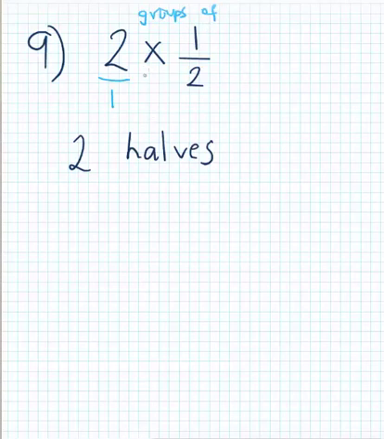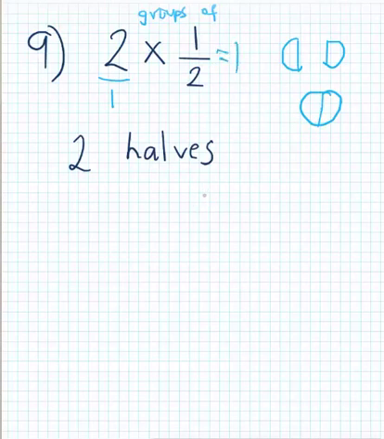And in this problem, we're saying two groups of halves, or another way that makes more sense is we're saying two halves. If I have two halves, so there's one half of a pizza and another half of a pizza, how many pizzas do I have? I know I end up with one whole pizza that's cut in half. So I expect my answer to equal 1.